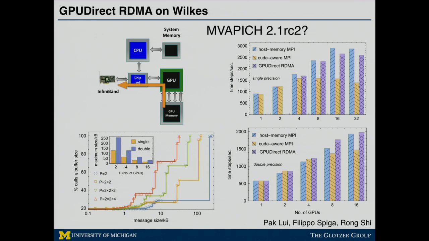We find that single precision GPUDirect RDMA doesn't give us an advantage over heavily optimized code with host buffer memory staging. However, in double precision, there's some slight advantage in strong scaling situations for GPUDirect RDMA versus host memory.